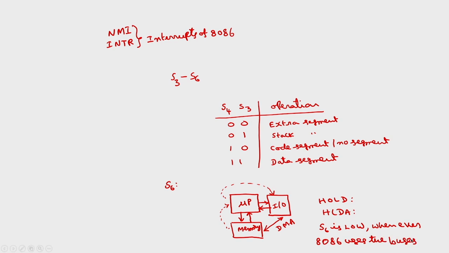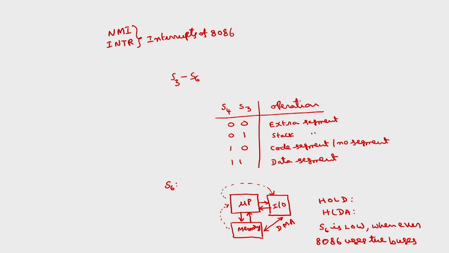So, the microprocessor can use the buses for performing its own operations. If the memory requests the buses through the hold signal, whenever the microprocessor is using the buses, the S6 signal will be low. So, the memory will check the S6 signal and understand that the microprocessor is using the buses.